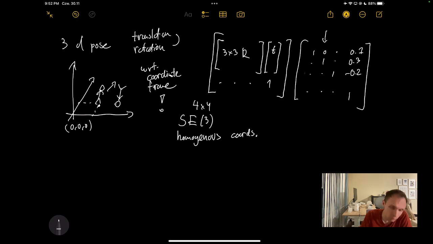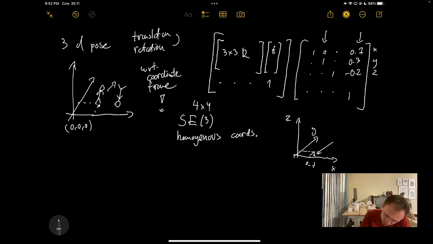This means it's the identity, so there's no rotation, and these are the x axis, y axis, and z axis. If I have a coordinate system which I label like this, then I have 0.7 along the x-axis, maybe it's here, then 0.3 along the y-axis, somewhere like here, and then minus 0.2 along z, so there's a point over here.